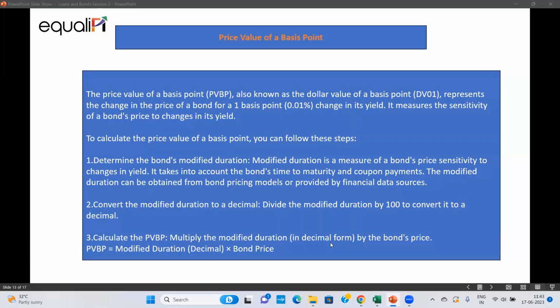For example, at present the 10-year is around 7.02 or 7.03%, and the price will be around 101.60. Similarly, if the yield goes up by 1 basis point, how much will the price go down? We can do the computation by ourselves.